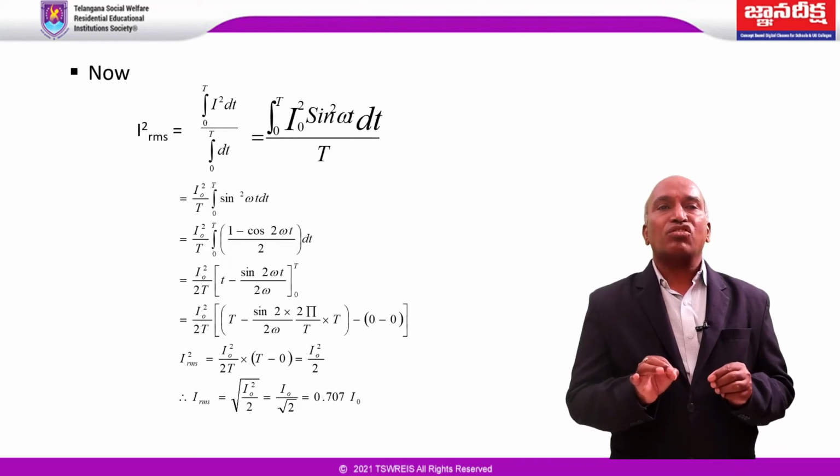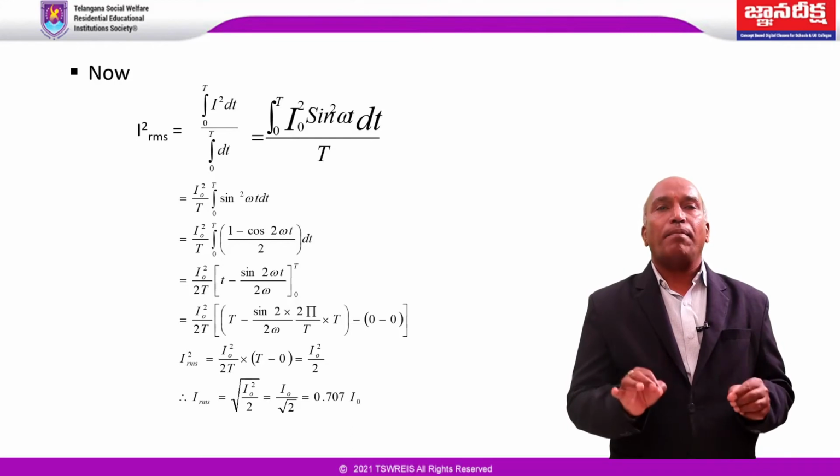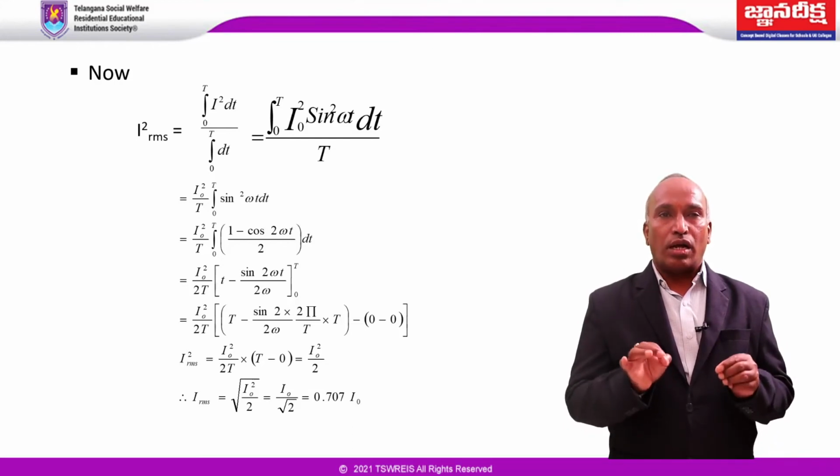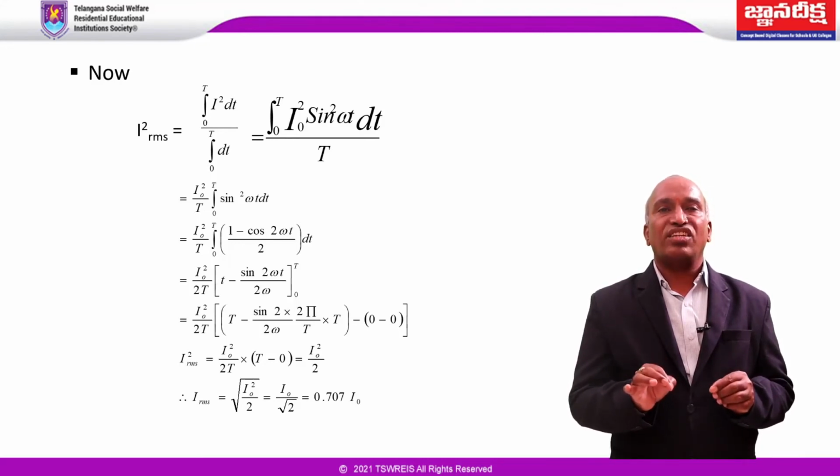I RMS squared = (I₀²/2T) × (T − 0), that is equal to I₀²/2. Therefore, I RMS = √(I₀²/2), that is equal to I₀/√2, that is equal to 0.707 I₀.